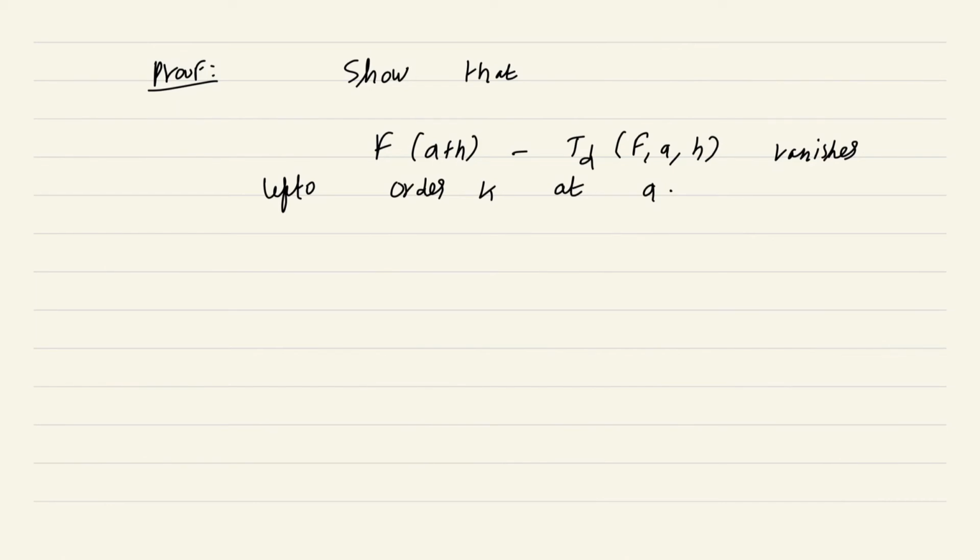When you take the partial derivatives, a number of cancellations will occur between the partial derivatives of f and the partial derivatives of T_d f a (h), and you will get that everything cancels up to order k. So the previous proposition finishes the proof. So that was a very quick, short proof. Now the second part is also left as an exercise for you.